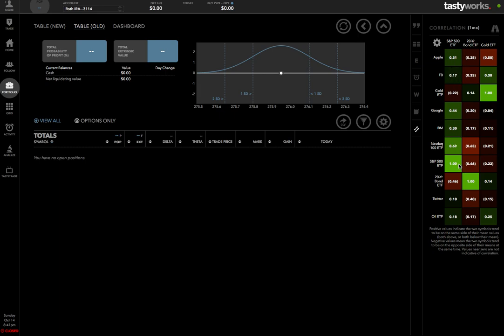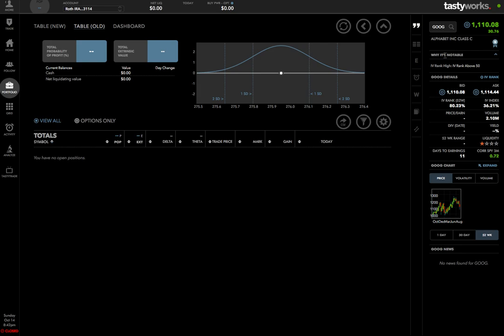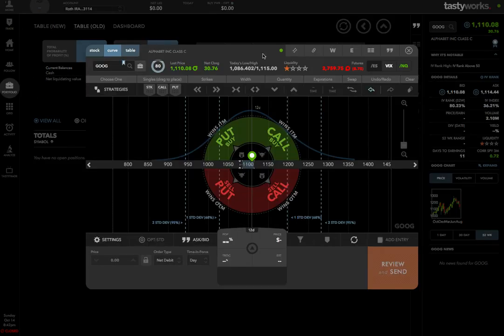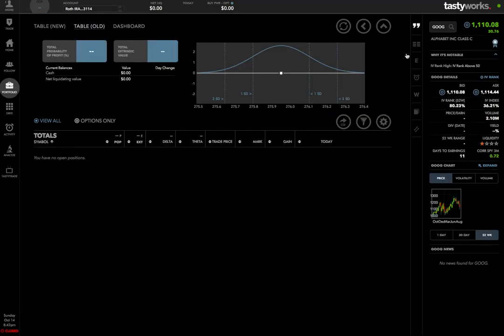You have your correlation if you're interested in what the correlations are right now, what's going on. I like to have it right here because I'm just inputting trades. That's it. So this is how you do your overview on Tastyworks.